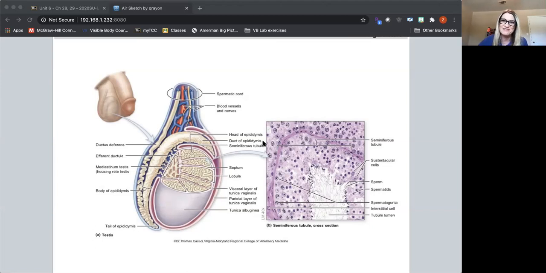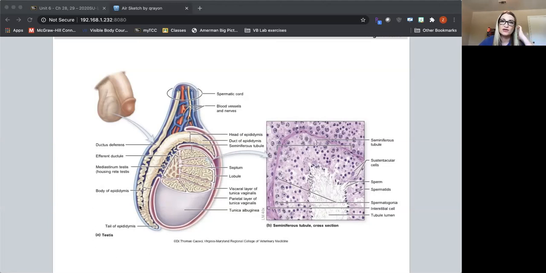Usually in the classroom, I have a meter stick, but I do not have a meter stick in the house. But 1 meter is about 3 feet, okay? So 4 to 5 meters, multiply that by 3, and that's the length of the tubule in just the epididymis in feet.